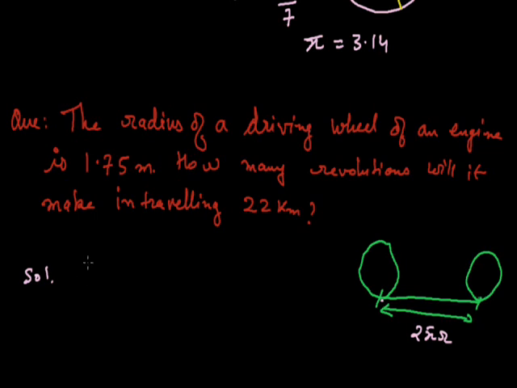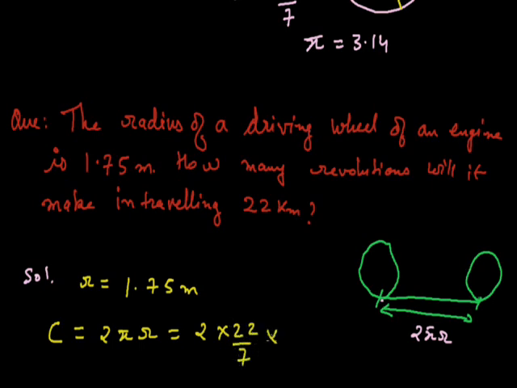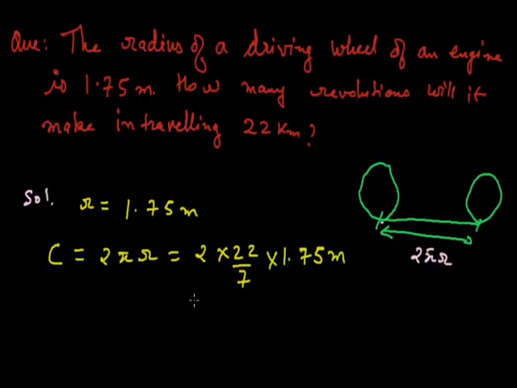First we will calculate the circumference of the driving wheel. Here we are given that the radius small r is equal to 1.75 meter. So circumference is equal to 2 pi r, that is 2 into 22/7 into 1.75 meter, that comes out to be 11 meter.